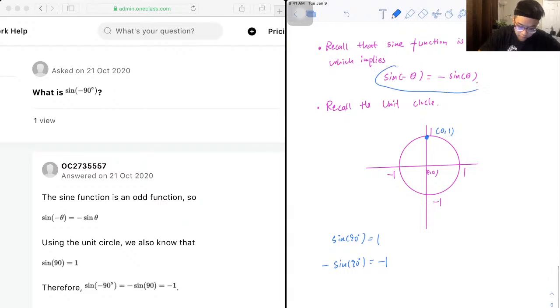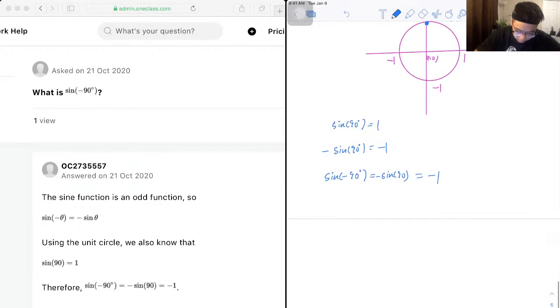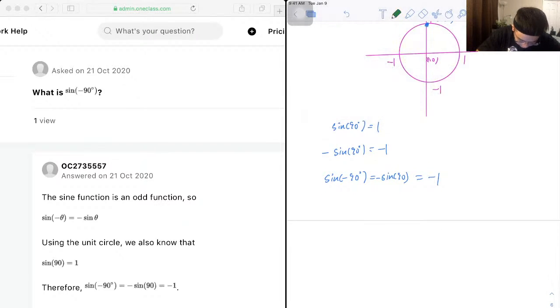And from the formula above, sine negative 90 is equal to negative sine 90, which is equal to negative 1. So we can write our conclusion here. Therefore, sine negative 90 is equal to negative 1.